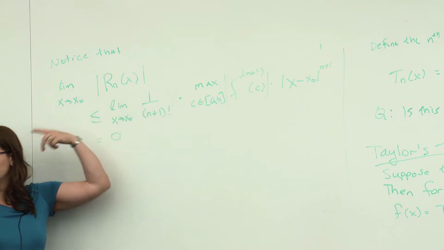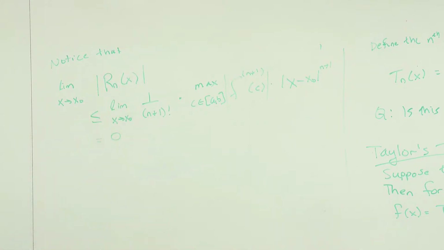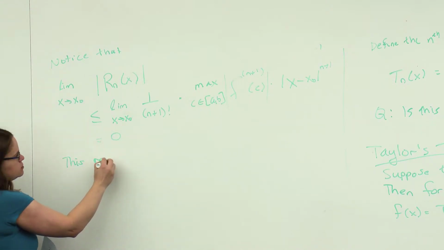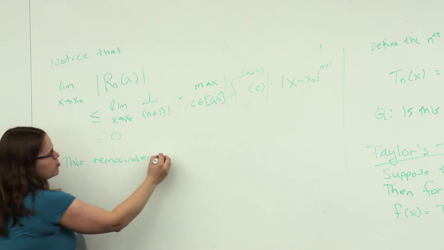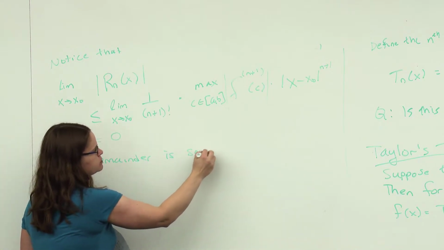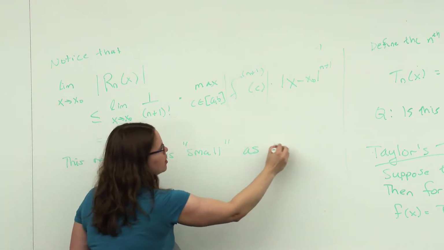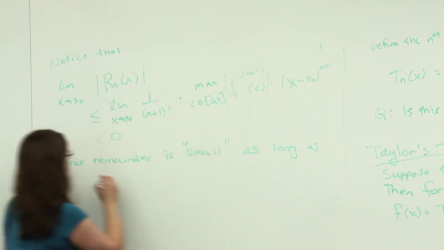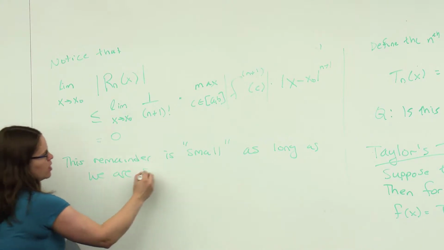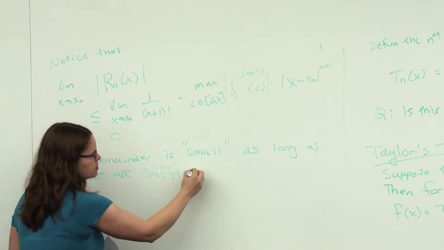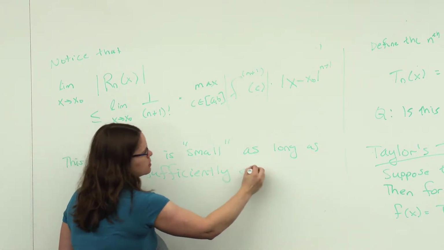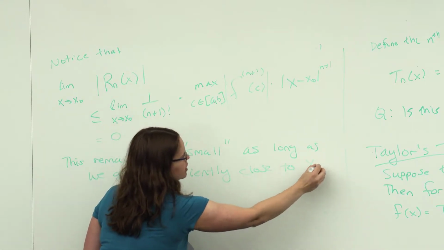In other words, this error term is going to be small as long as we're sufficiently close to x naught. Okay, so this is small, as small as you like, as long as we are sufficiently close to x naught.